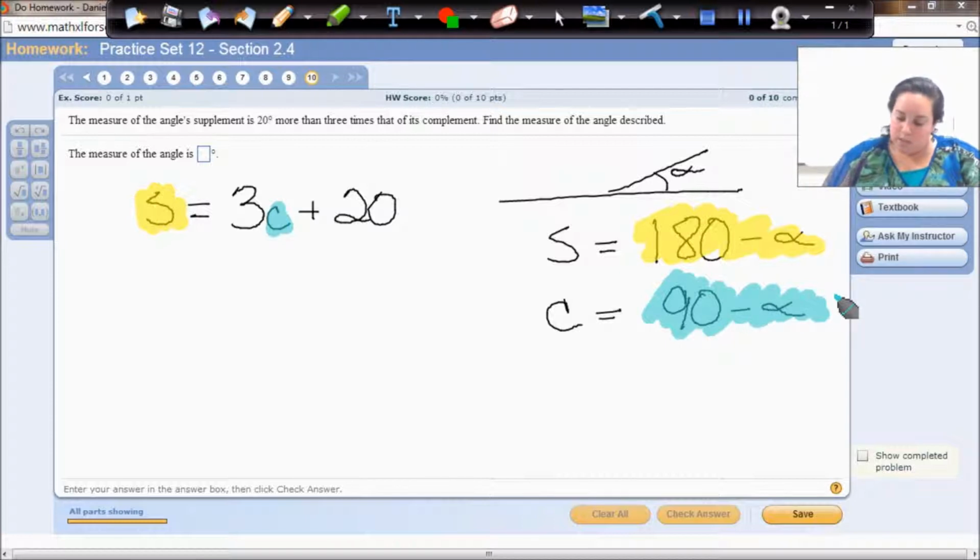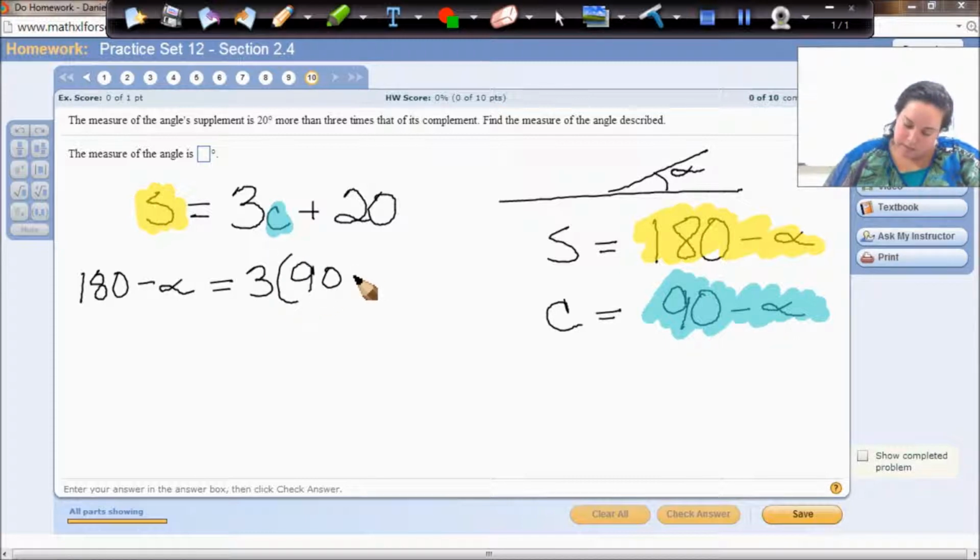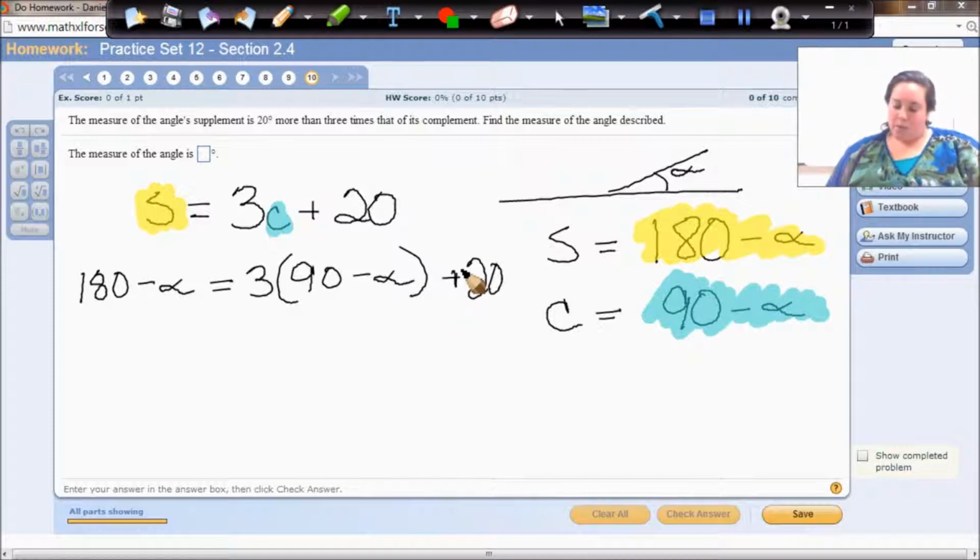Okay, so we're going to do a little bit of substitution here. Let's plug in this for S, 180 minus alpha. And then in place of C, we're going to put 90 minus alpha. And don't forget the plus 20. Okay, that's still there. All right, now we have an equation that has 1 variable, and we can solve it.